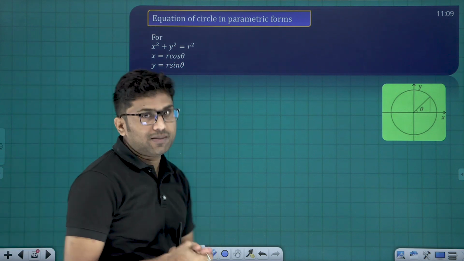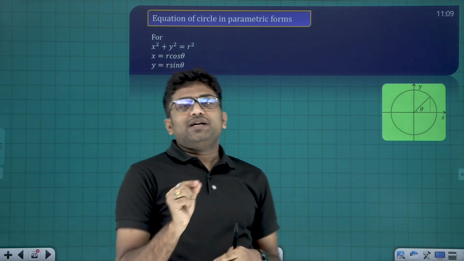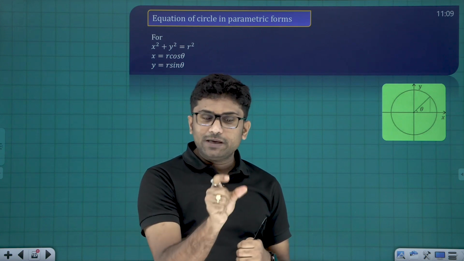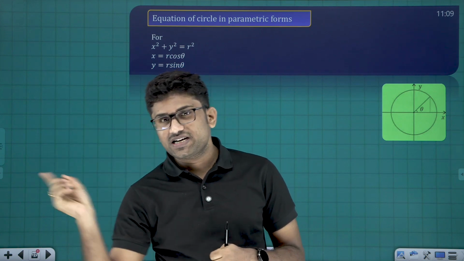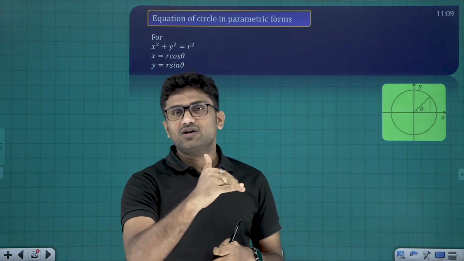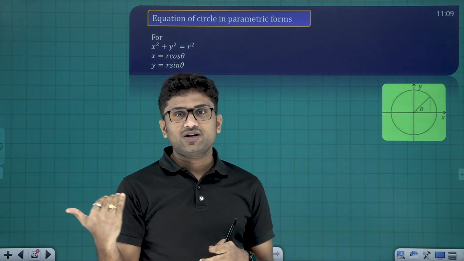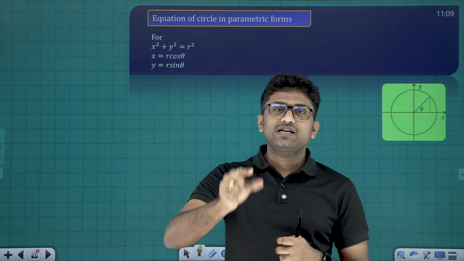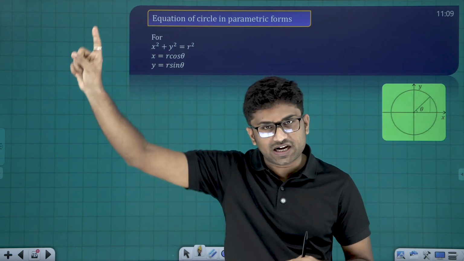Equation of the circle in parametric form. Friends, for every curve, starting from straight lines, we have seen that in straight lines (x minus x1) by cos theta is equal to (y minus y1) by sin theta equals r, that is, x1 plus r cos theta comma y1 plus r sin theta is the parametric form of a straight line.